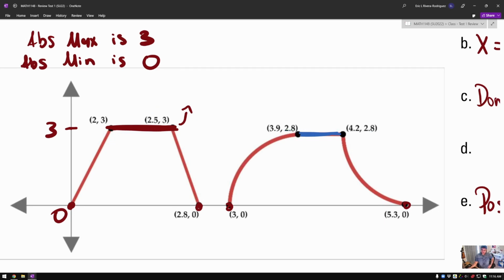So at least it could be a local maximum. We don't know yet. We need to go by the definition of local maximum. And the definition is that we are going to compare that point with a neighborhood around that point.